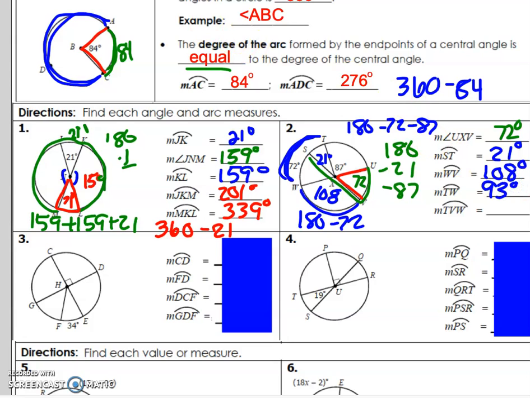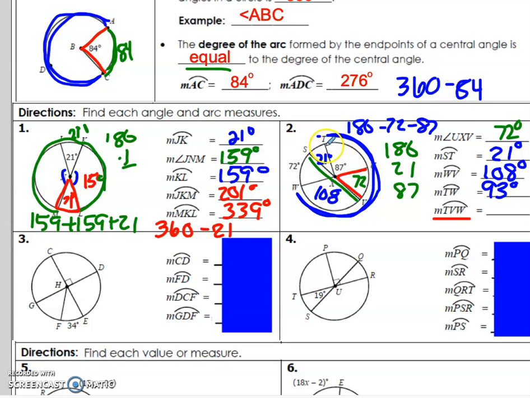And then lastly, I've got a major arc or semicircle depending on these letters. So T, V, W. So let me erase some things. Hard to see. So T, and then go to V, and then W. So I'm going to have to go this way. T to V to W is all of this.